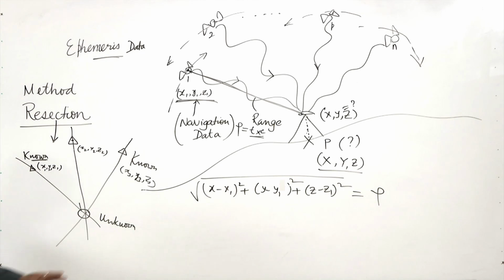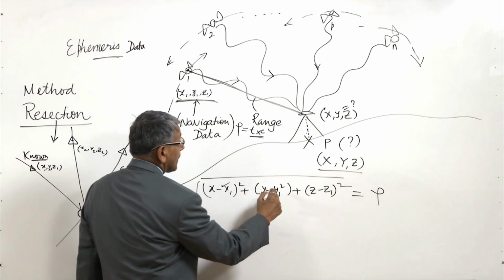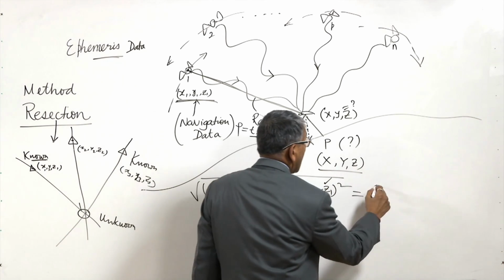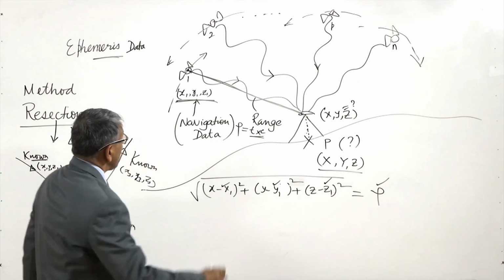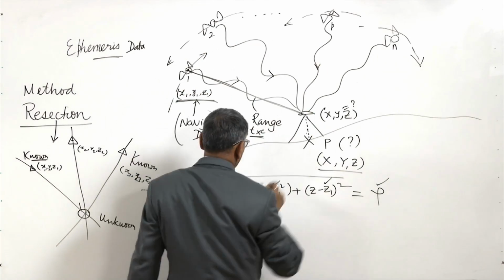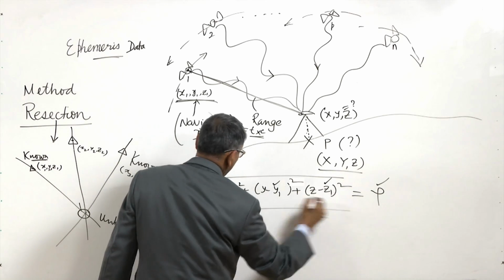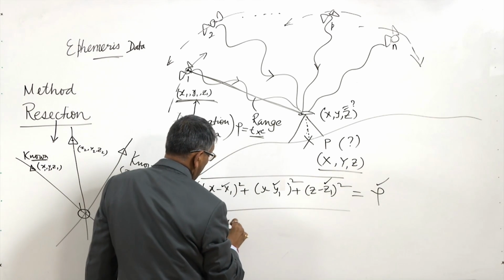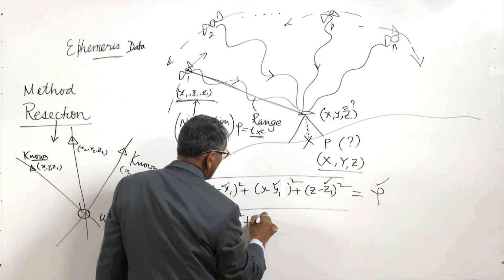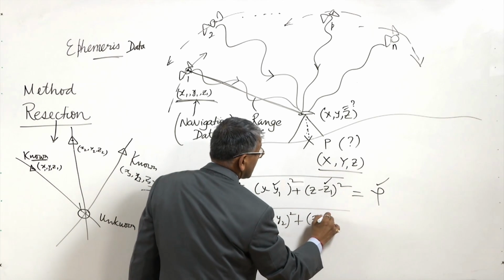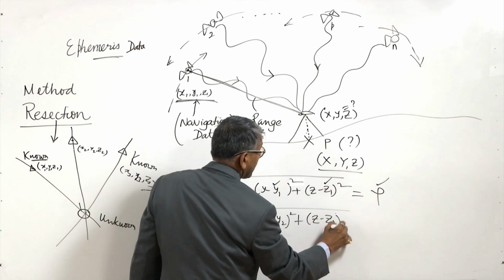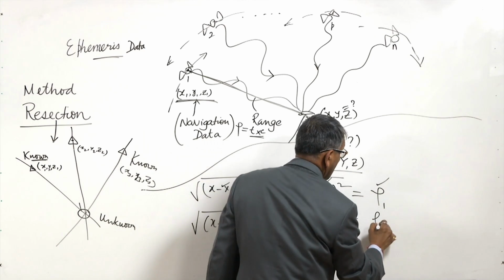Now here in this equation, this x1, y1, z1 and rho are known, and there are 3 unknowns. Now if we take signals from 3 satellites, we get (x minus x2) whole square, (y minus y2) whole square, (z minus z2) whole square, rho 2.